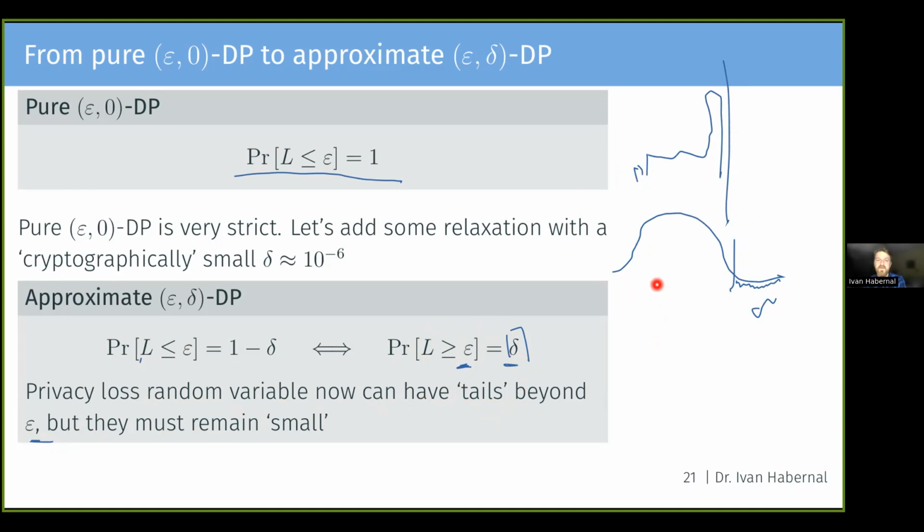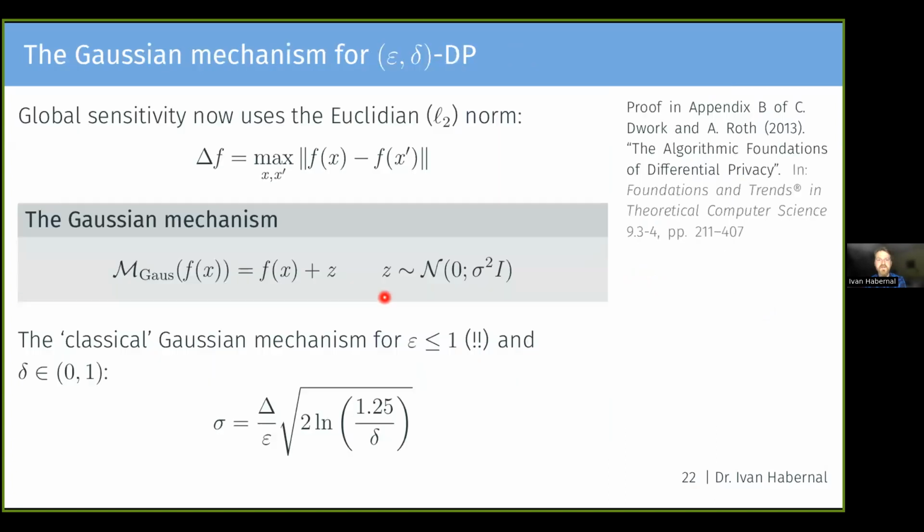And let's have a look at a famous and widely used mechanism for epsilon-delta approximate differential privacy. And it's the Gaussian mechanism. Now, if you remember, we had this L1 sensitivity for the Laplace mechanism, and now we're moving into Euclidean distance. So we're defining global sensitivity, or L2 global sensitivity, using basically the Euclidean norm and not the Manhattan distance.